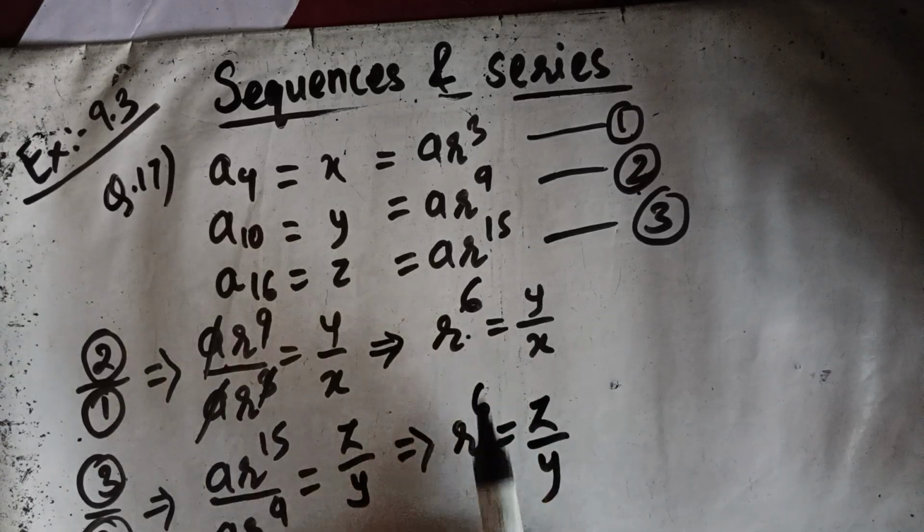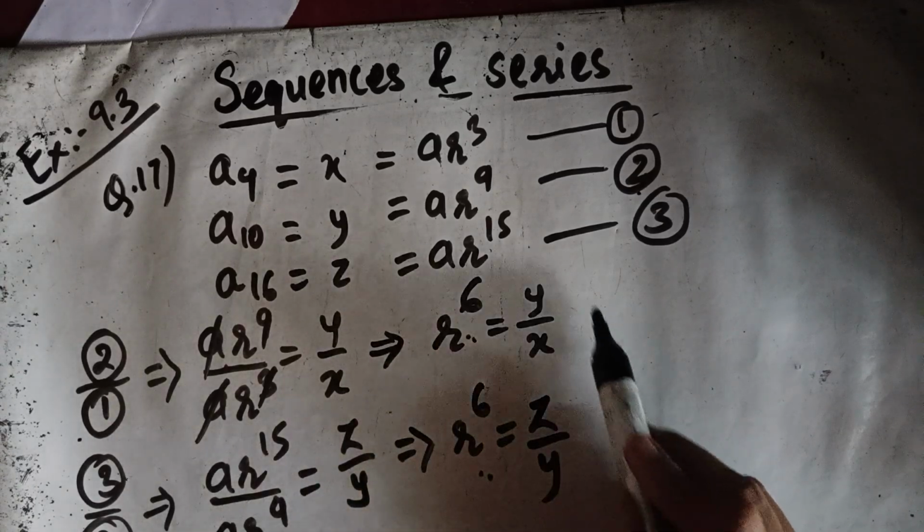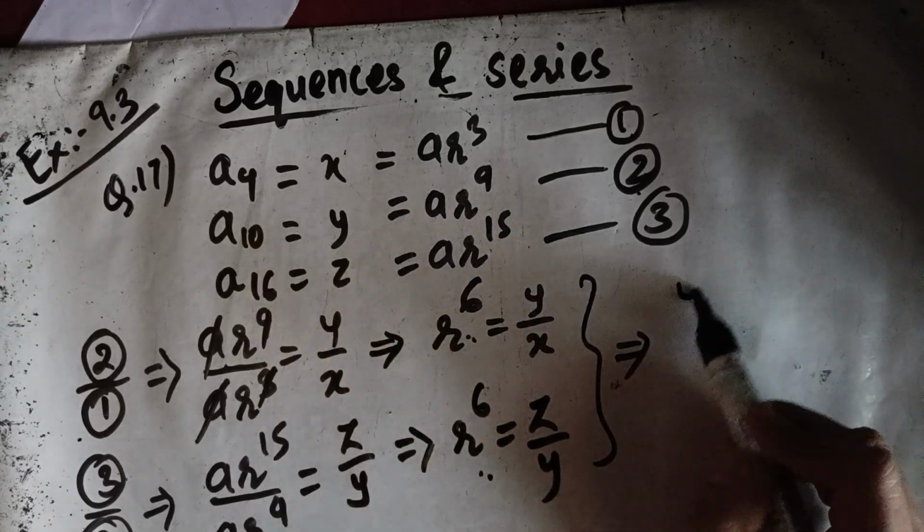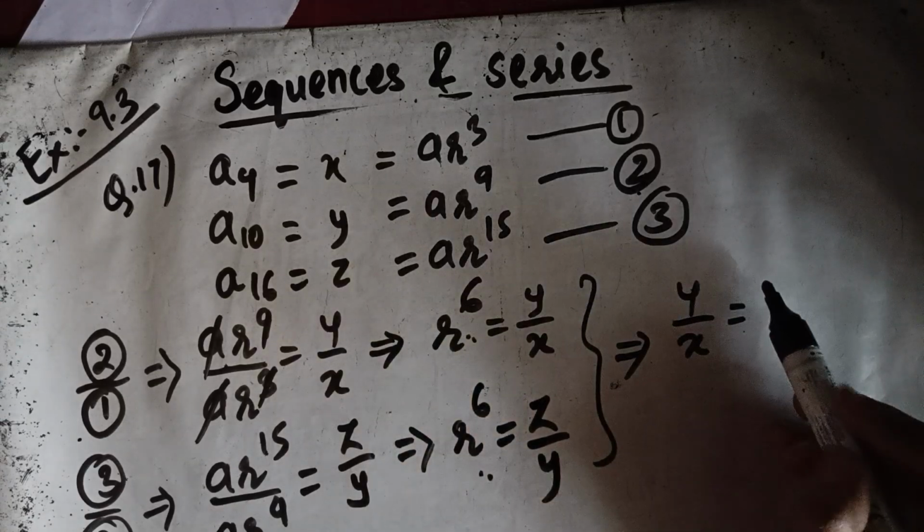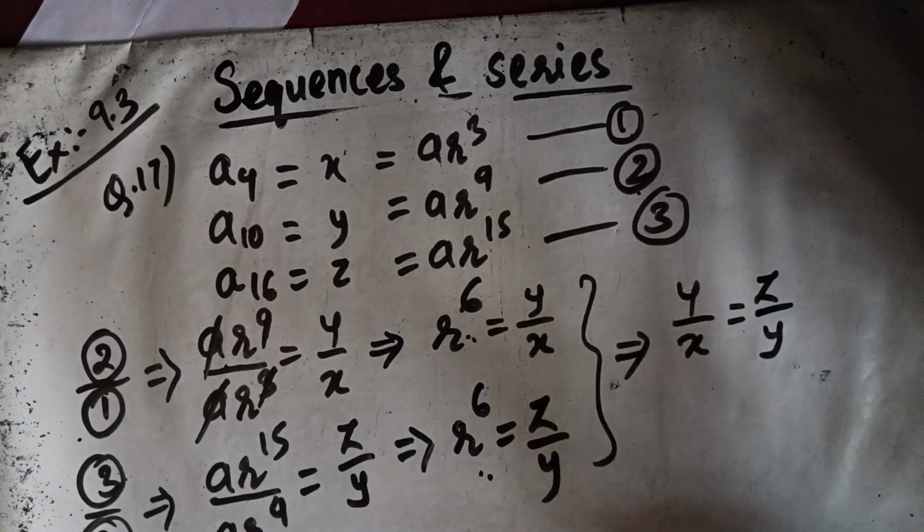Okay, so we are getting same terms. So from this, you can write y by x equal to z by y. Okay, so we have to prove that they are the terms in GP.